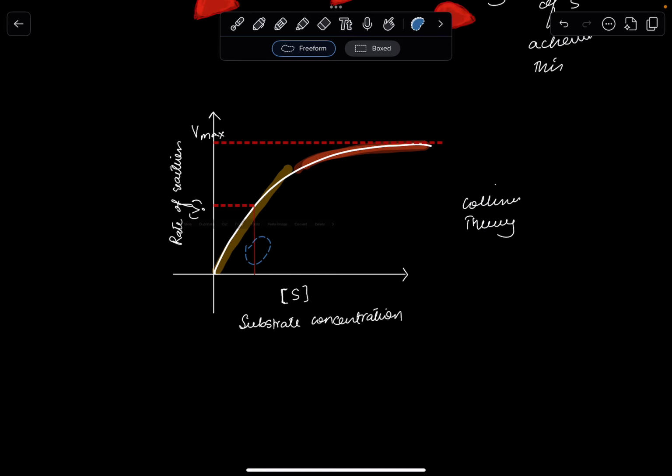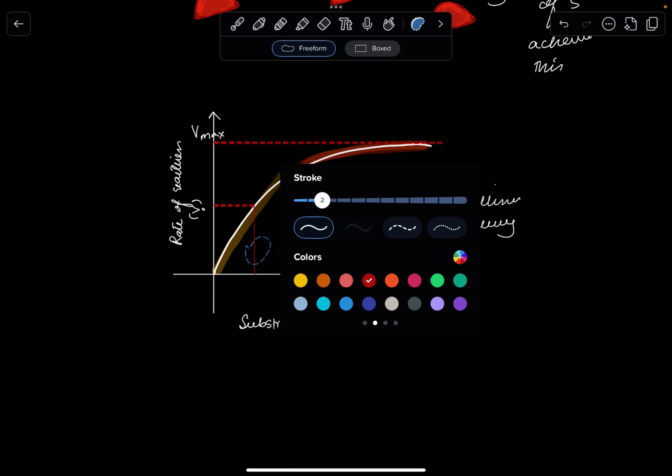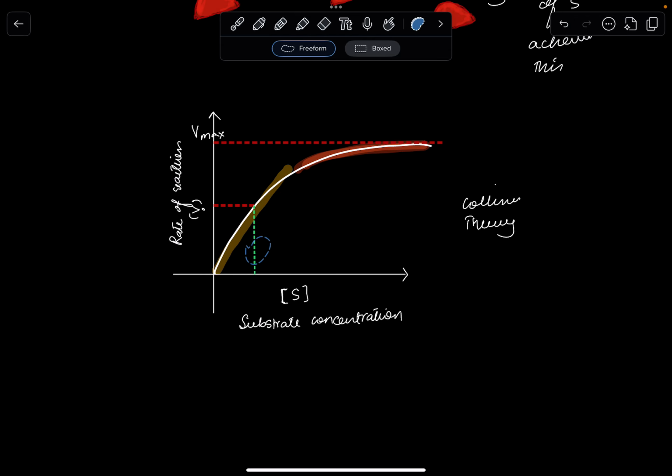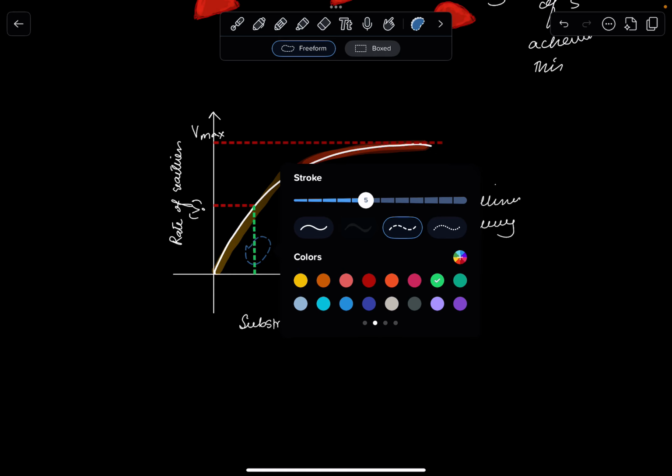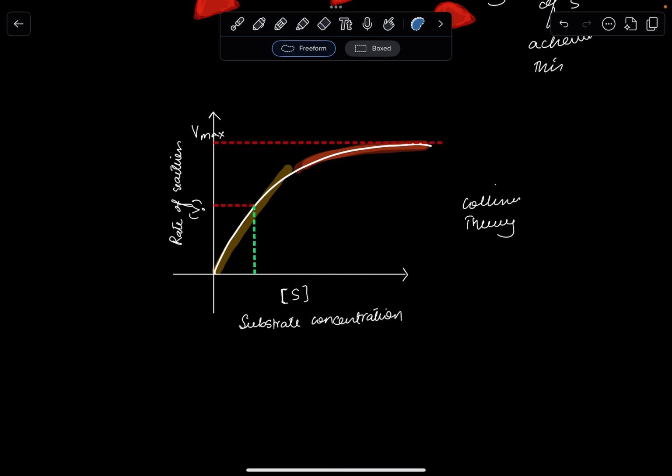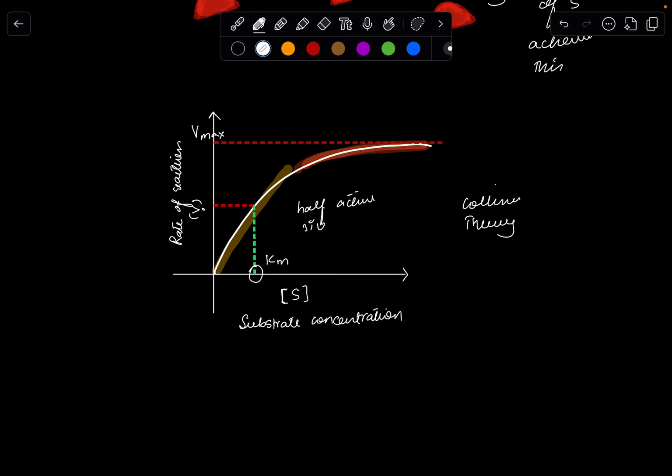So what we see is that this is our Km value. At this substrate concentration, half of my active sites, or in other words, enzymes, are occupied, meaning they formed the ES complex.